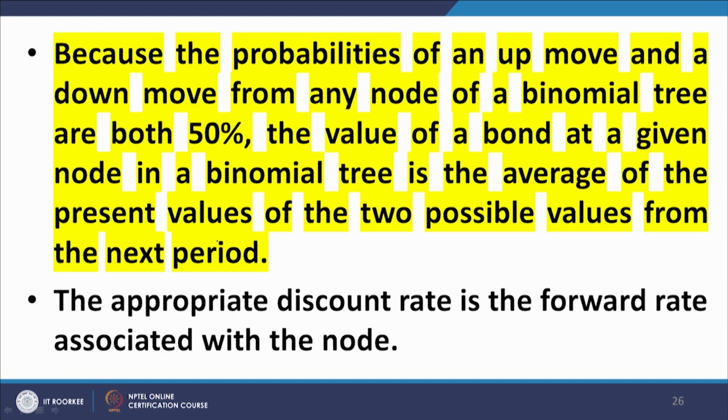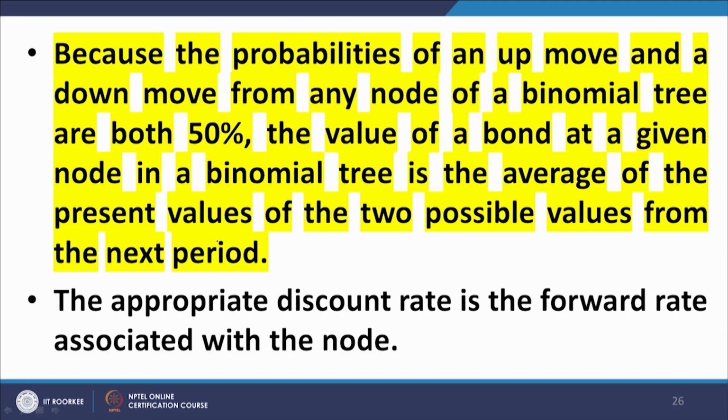This relates to the specific case that we are discussing in detail, where the up move and the down move of the interest rate are equally likely. The probability of both of them is 1/2. Because the probabilities of an up move and a down move from any node of a binomial tree are both 50%, this relates to the model that we are studying. It is not fully generalized.